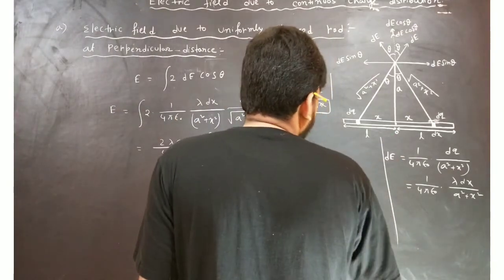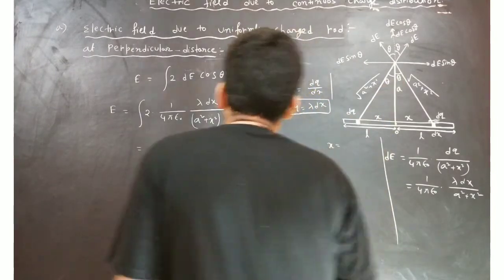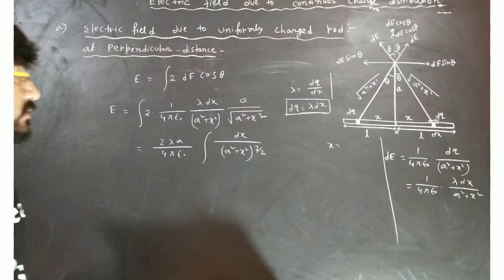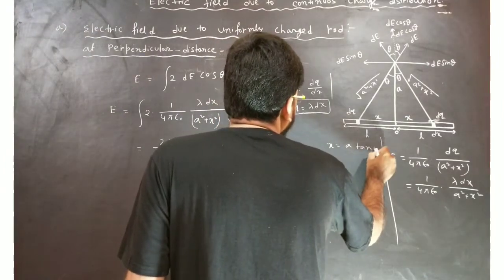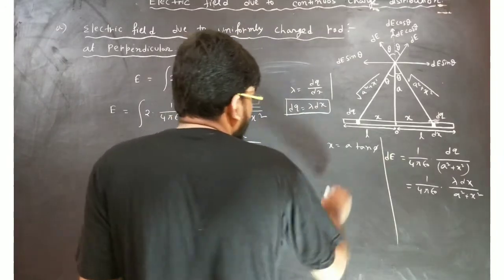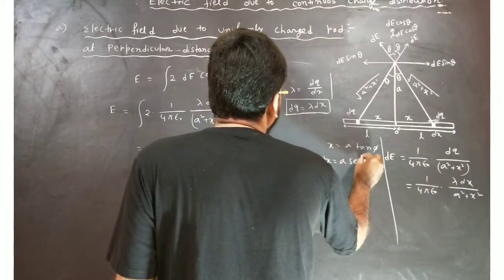So we can put here x is equal to a tan phi, because we have used already theta, so I don't want to use the theta again. So if x is equal to a tan phi, then dx will be what? dx will be a into sec square phi d phi.